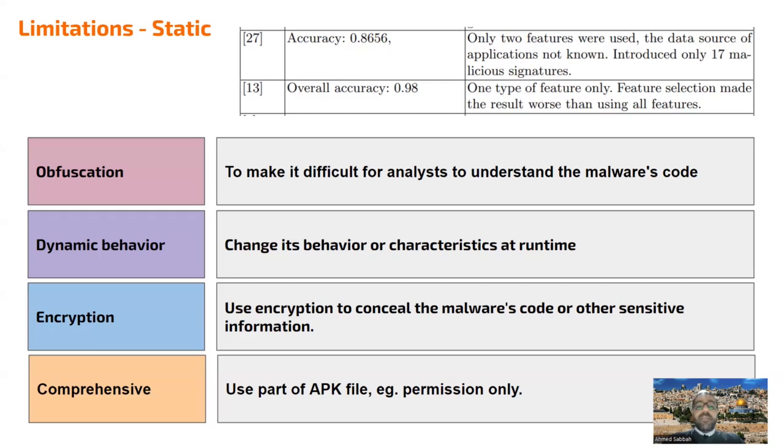Comprehensiveness: some papers use only permissions or only intents and leave other features of the static analysis unused in the paper. This may not be enough to detect the malware in the static analysis.